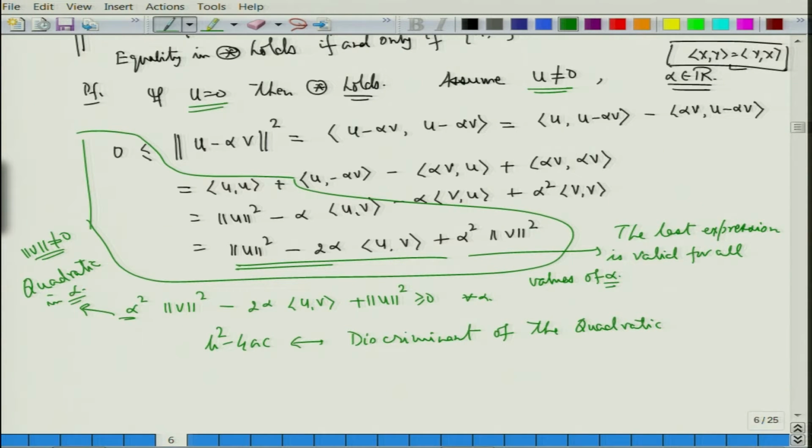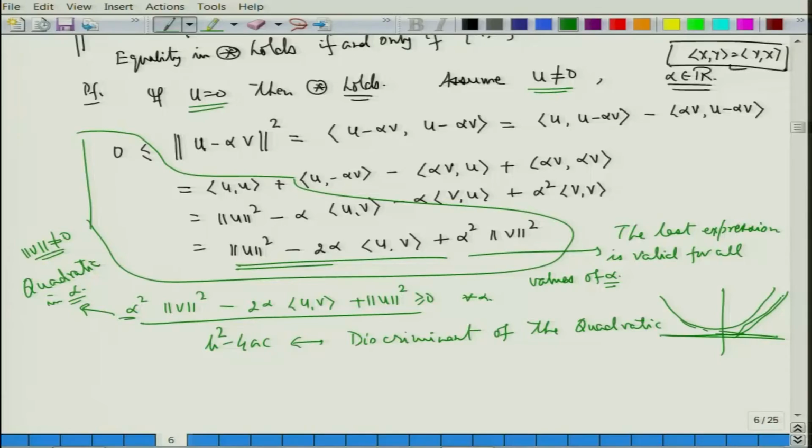What should it be? Fine. Since this is non-negative, it means that the curve is always above the x-axis, or it may touch the x-axis at some point, but it is always above. It means that I don't have anything below. It means that I don't have any real roots.